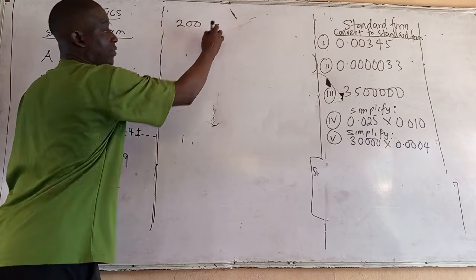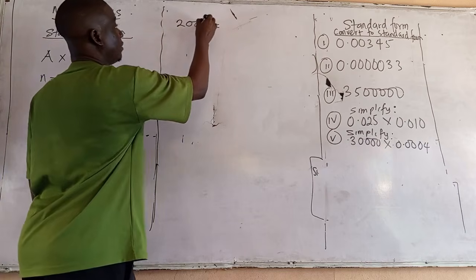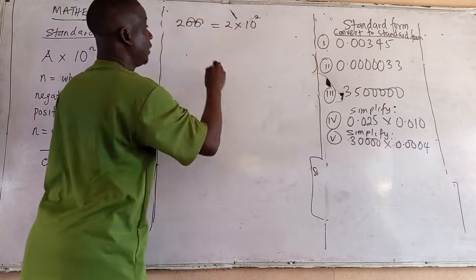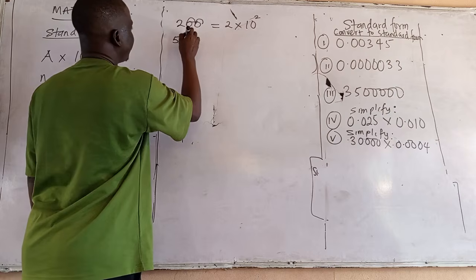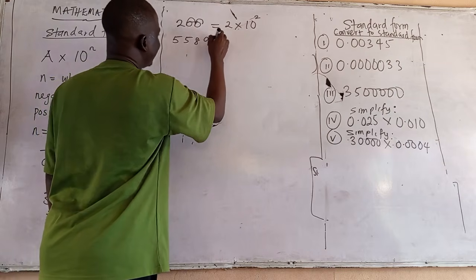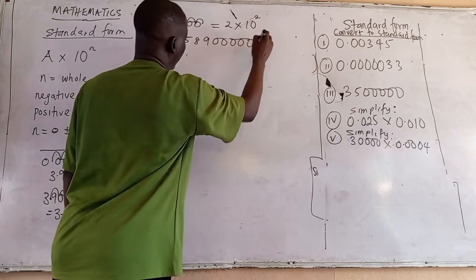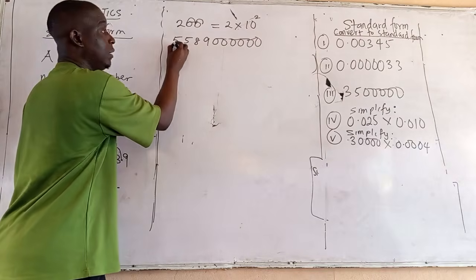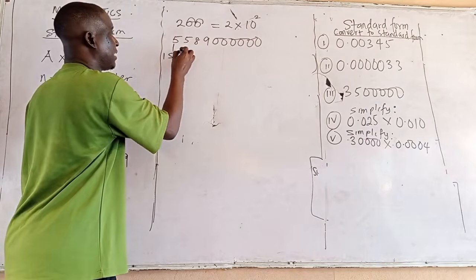So if I give you 200. What is 200, class? That is 2 times 10 power 2. If I give you 5, 5, 8, 9, 0, 0, 0, 0, 0, 0. This is the first significant figure.